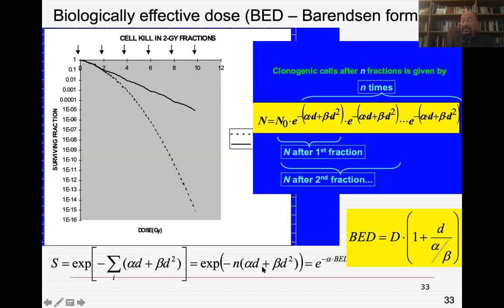And this quantity, D times 1 plus d over alpha beta, is called BED, biological effective dose. And then you can say that the survival is simply e^(-alpha BED). So you see that from the alpha value and the beta value, you can estimate what will be the impact of fractionation, what will be the impact of having n times d. D, capital D, is the total dose, which is n times small d.